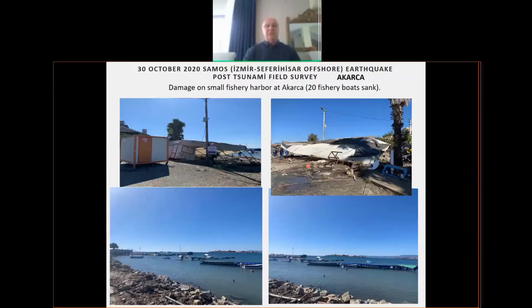Another important location was Akarca, 8 kilometers south of Sığacık. There was a small fishery harbor in the region with not so well engineered structures and floating structures, and all of them were dragged by the tsunami. And these are the damages at the fishery harbor.